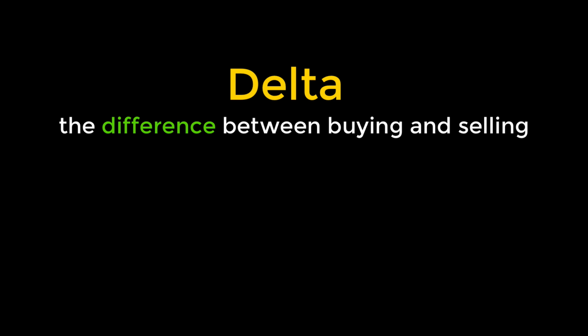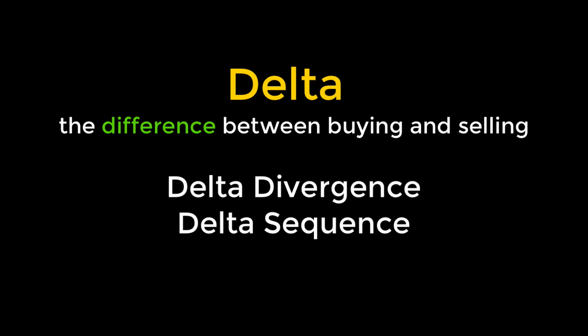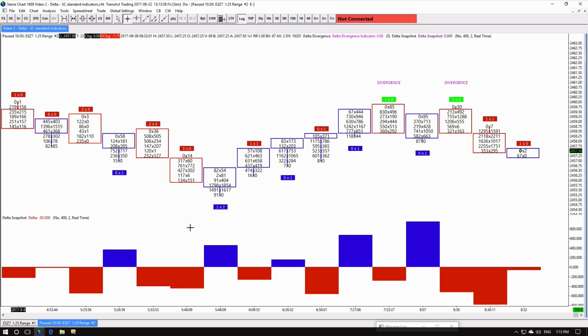Let's also bear in mind the importance of delta as a measure of buying and selling power. The Emoji Trading delta divergence and delta sequence indicators, which we covered in video number 2, also provide great indications of potential reversals or slowdown. Delta divergence highlights situations where price has made a new high or low, but this is not supported by corresponding positive or negative delta.